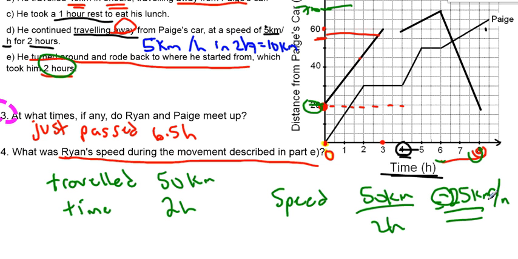So if you said 25 kilometers per hour, I think that's just fine. If you said negative 25 kilometers per hour, I think that's just fine too. Just make sure that you understand that if it's just a straight line, there's positive slope and negative slope. And in a real world context like this question, what would it mean to say the slope is negative? It would mean that they're losing distance, because that's what the up and down is measuring, distance. So he's losing 25 kilometers in distance every hour.